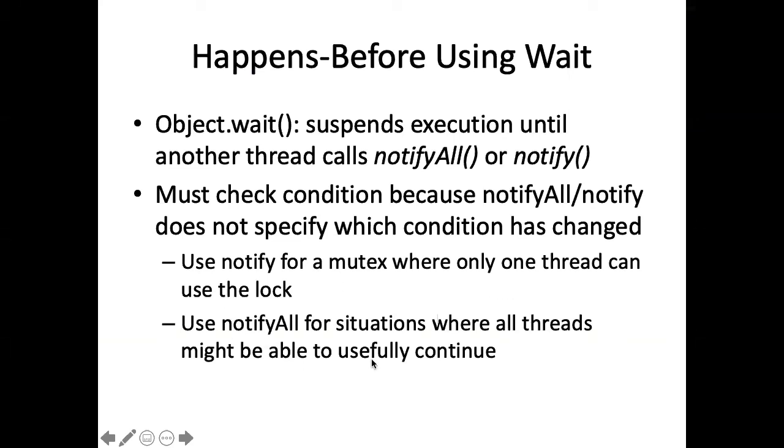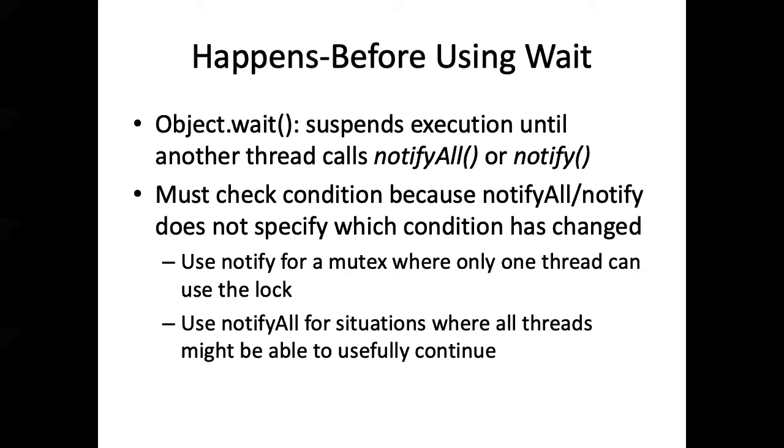Now, we have to check the condition because notify all and notify doesn't, A, notify us which condition has changed, and B, doesn't guarantee that someone else hasn't slipped in and either acquired the resource or added another resource, thus making the queue full again. So before you do anything, if you're in a multiple consumer, multiple producer situation, you have to check before you actually go doing something to the resource.